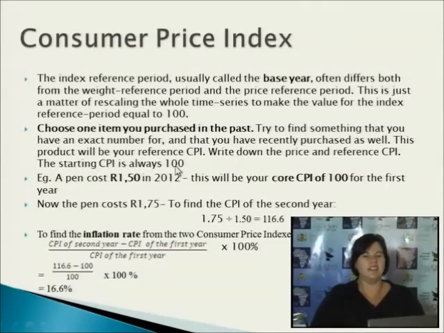Now here is an easy example. A pen costs R1.50 in 2012. This now will be your core CPI of 100 for the first year. Now, this is in 2013, that same pen costs R1.75.